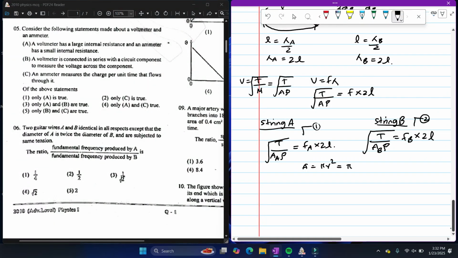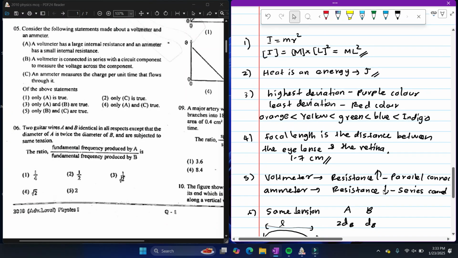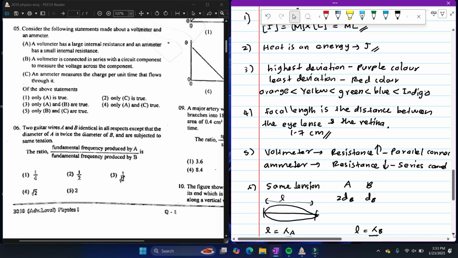So actually pi r in the sense is dB divided by 2 squared for the string B. Area of string A is pi into, give me 1 second, because the string A has a diameter of 2 dB.